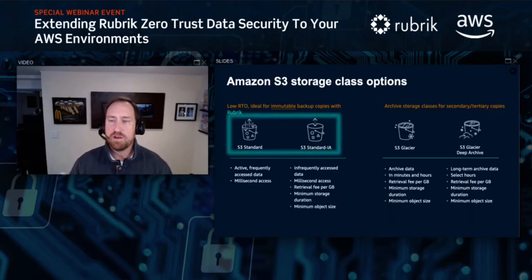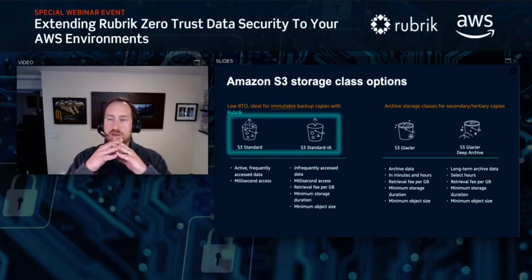Now, when we look at those AZs and those multiple storage classes, the ones we're going to focus on today are S3 Standard and S3 Standard-Infrequent Access. The reason we're focusing on those is that's where the partnership with Rubrik has come in, where we're now able to set ObjectLock for immutable storage of your Rubrik snapshots in these 2 storage classes.